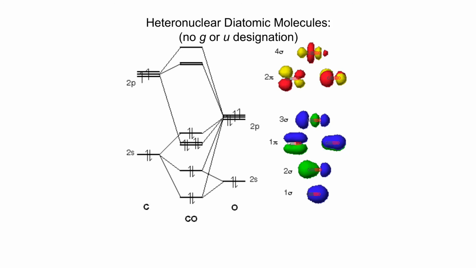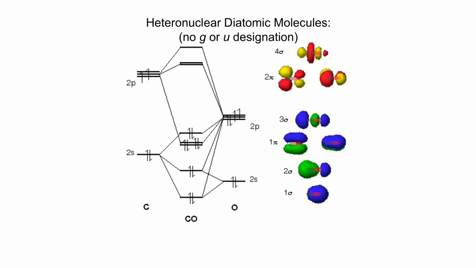And then the other thing that you'll notice is that there's no U or G labeling on the molecular orbitals that are associated with a heteronuclear molecule. And I'll give you a second to think about why that might be the case. Okay, so hopefully you've maybe thought about what the meaning is behind that U or G designation, right?